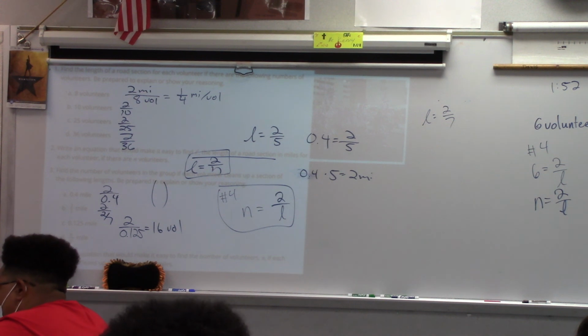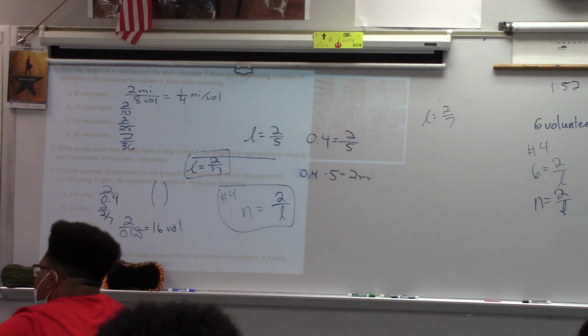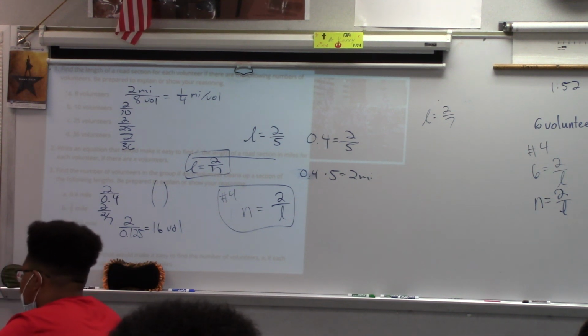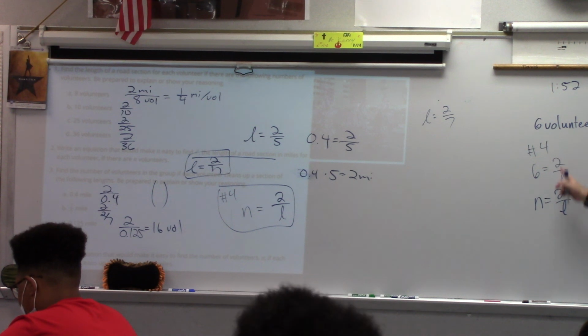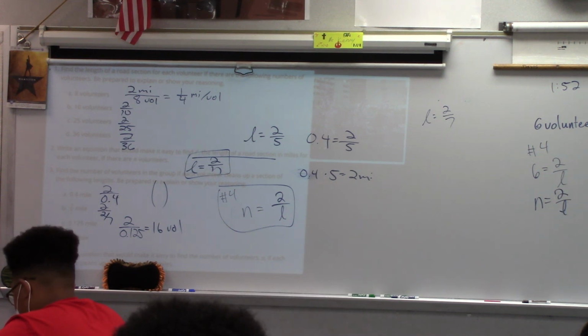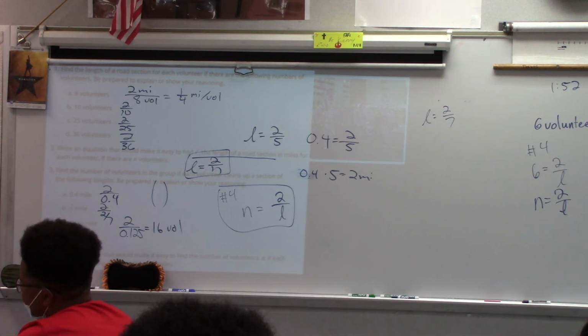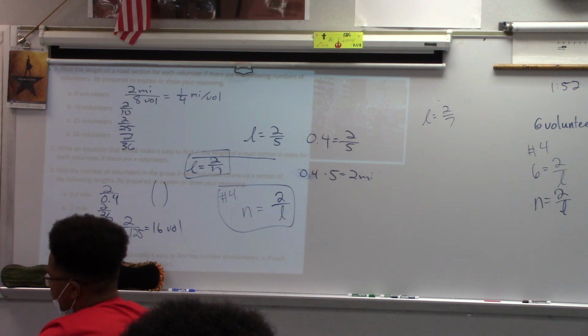Really quickly, let's say that each volunteer has 0.5 miles per volunteer. Which equation do I now want to use? Number 2 or number 4? Number 2. Number 4. Man, we are still split. All right. Hold on. Look.